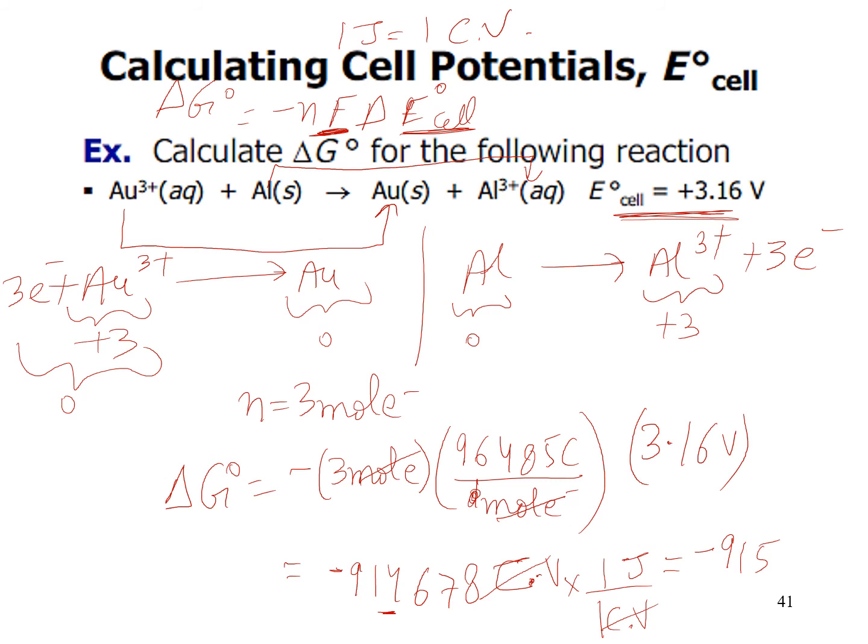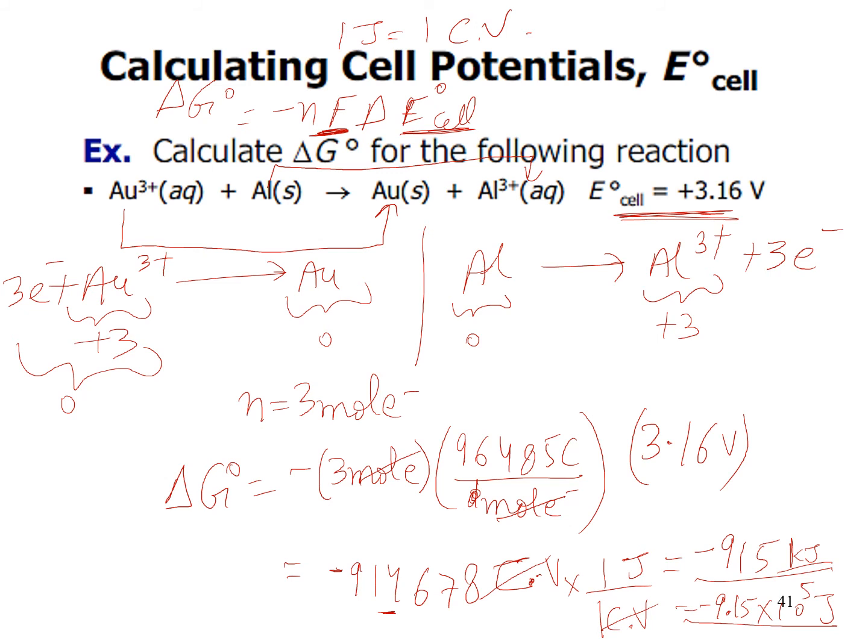Either I convert this into kilojoules, or you can also give me the answer as negative 9.15 times 10 raised to power 5 joules. That would also work. Any of these two would work.